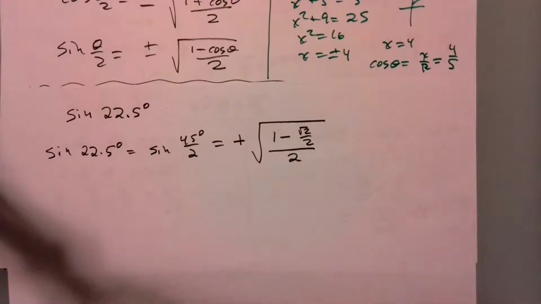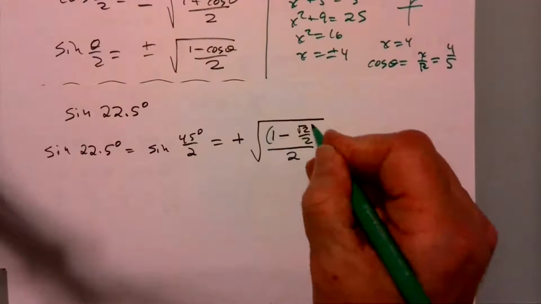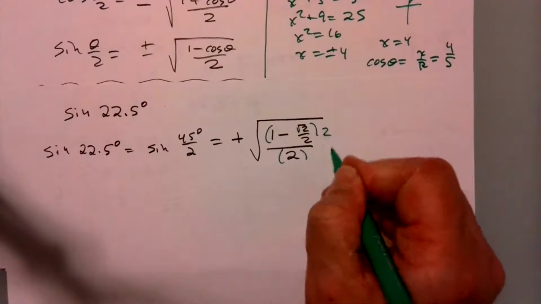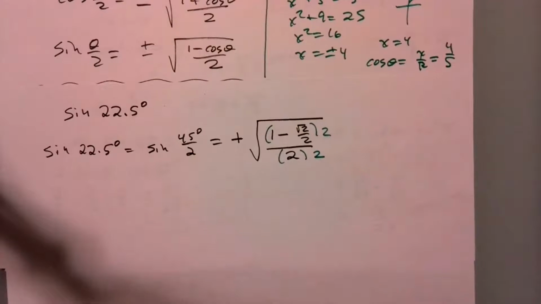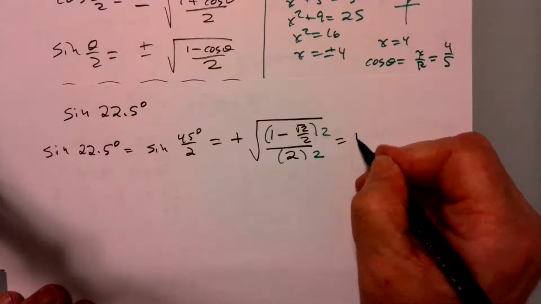Now here comes the challenge. How can we simplify this in such a way that our answer is reasonable? Well, I'm going to multiply top and bottom by 2. That'll make that look a little prettier. Now, again, there's many, many ways to write this.